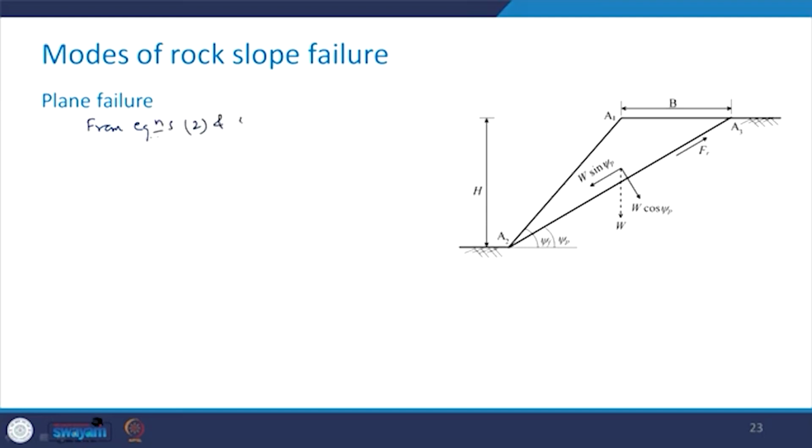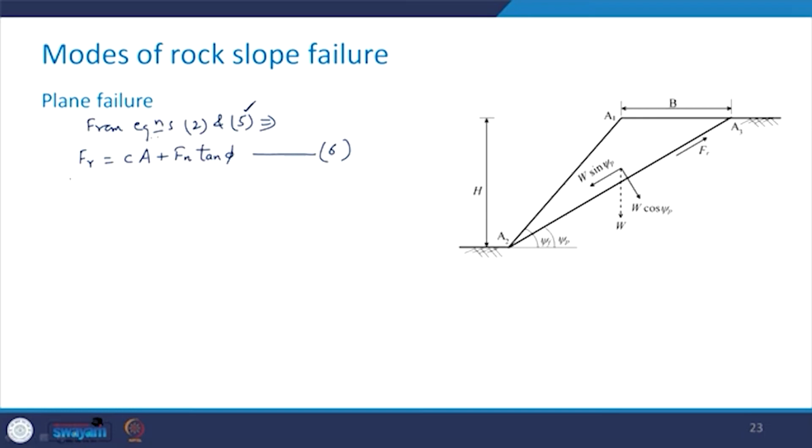Now, from these equations 2 and 5, what we will get is this Fr will be equal to C into A plus Fn into tan of phi. Make this equation 6. Take a look at equation number 5 and you will realize that that was in terms of the stresses.